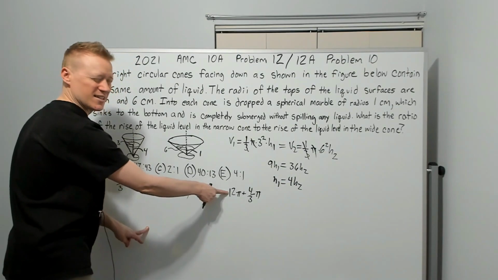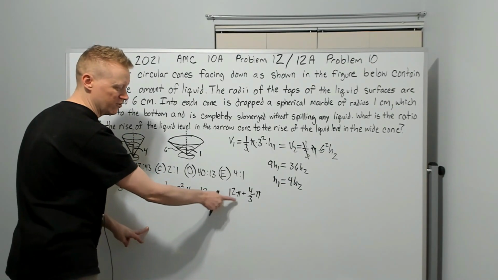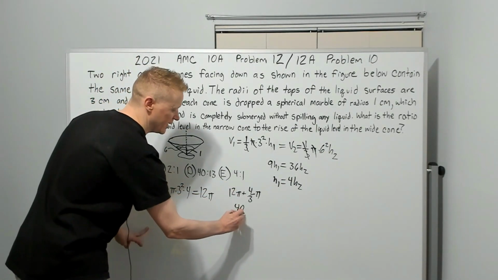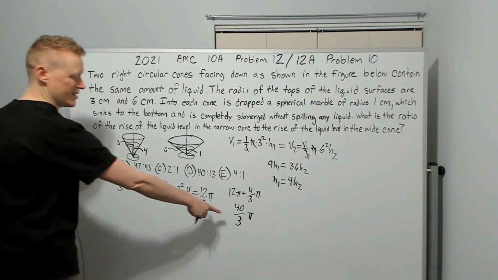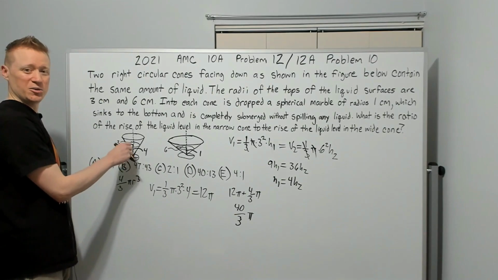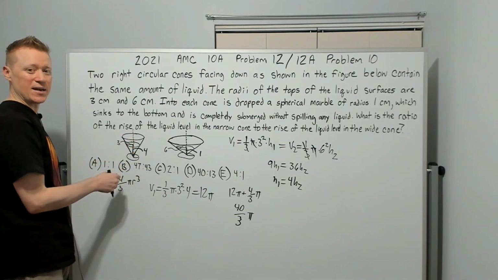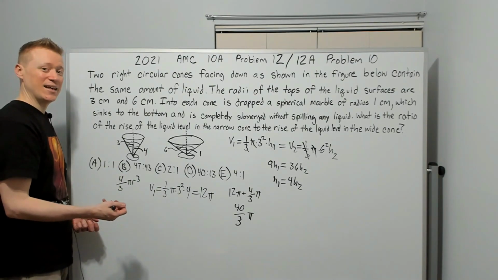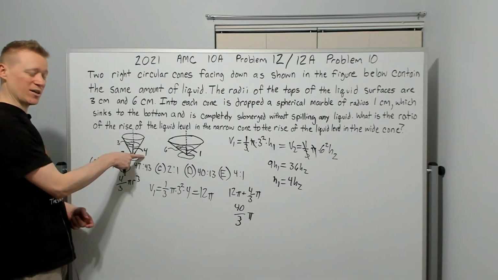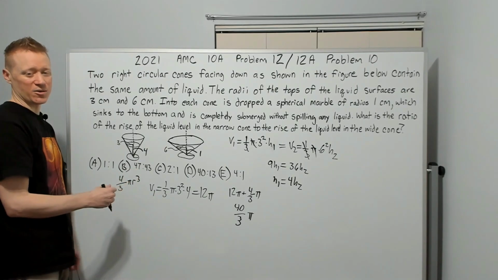Let's make this into something over 3. 36/3 plus 4/3 will be 40/3 pi. Now, this is the apparent volume that the water is taking up when you add the marble to it. So it's going to have a new height. And we can take the new height, subtract the old height, and that will be the rise.